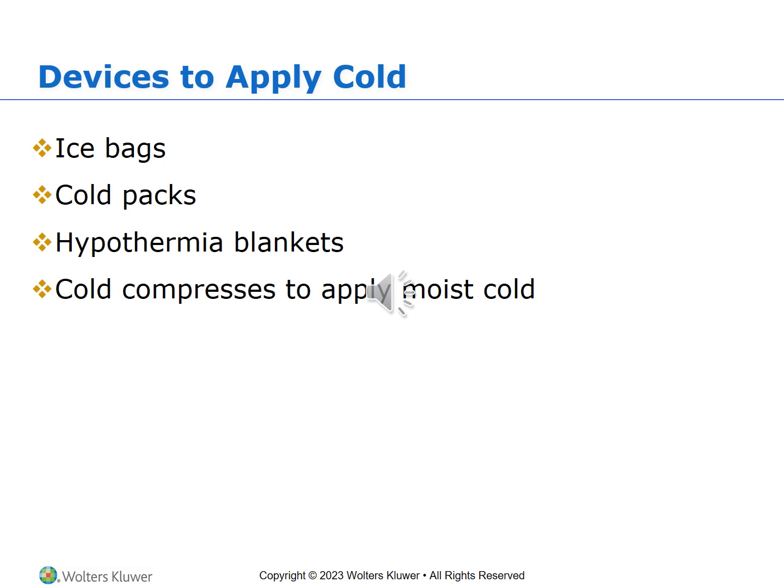For our devices to apply cold, it begins on 1195 and extends into 1197. We have our ice bag, our cold packs, hypothermia blanket, and cold compress to apply moist cold. They all have a small paragraph describing them. Please read those paragraphs as well.